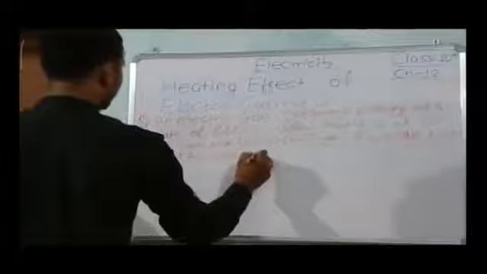The voltage, meaning potential difference, is 220 volt. We have to find the current and resistance in each case.